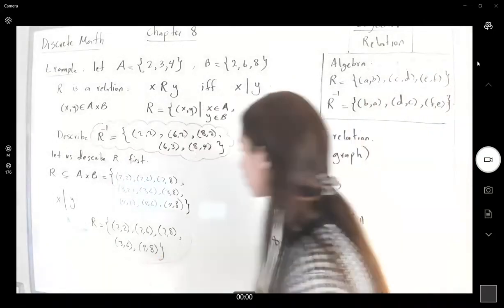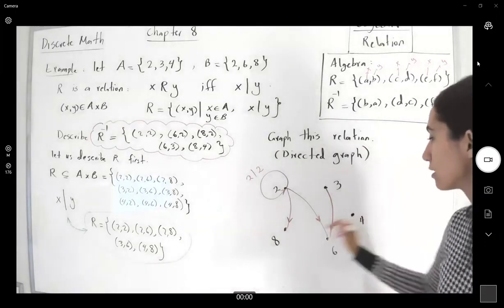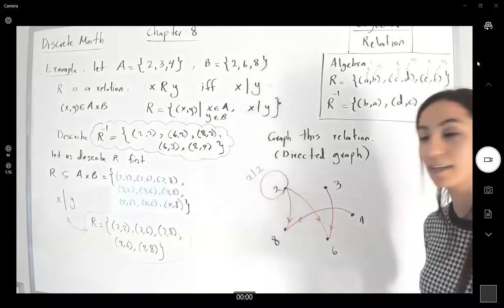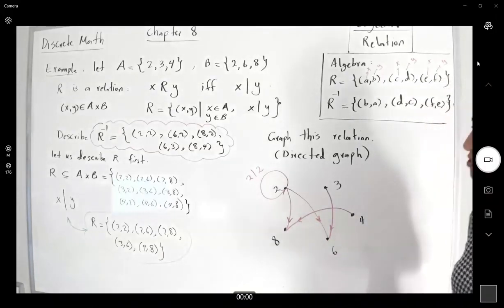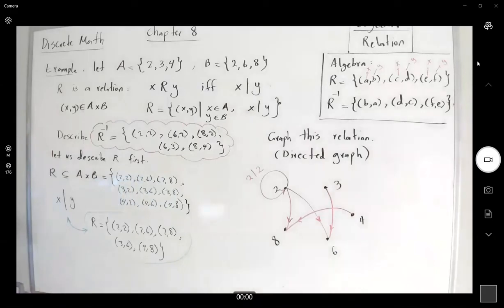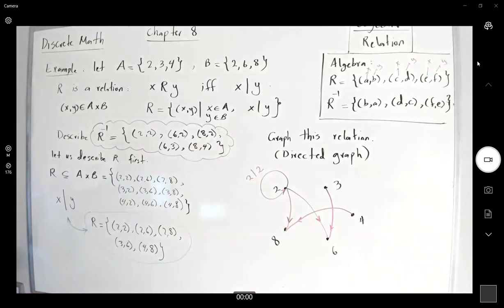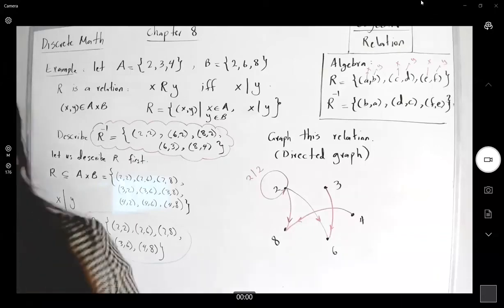What else do we have? 4 and 8. 4 is connected to 8. An arrow coming from 4 and landing in 8. This is called the directed graph. That's it. The question asks to describe the inverse relation and graph the relation using a directed graph. Very well.